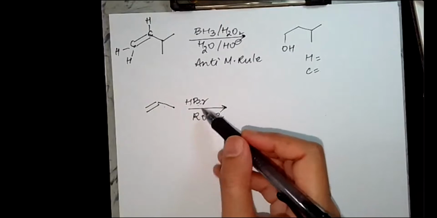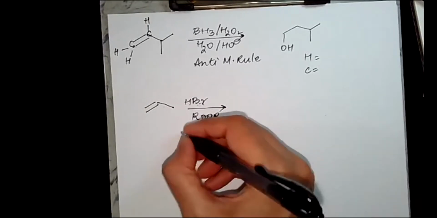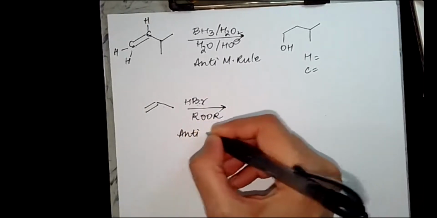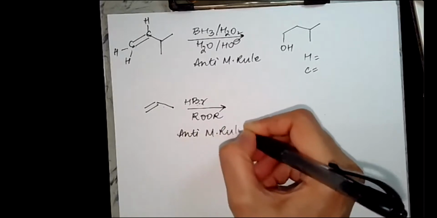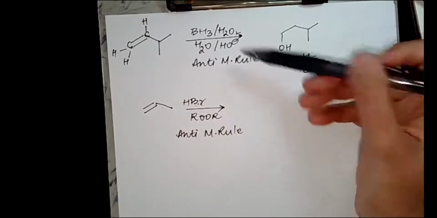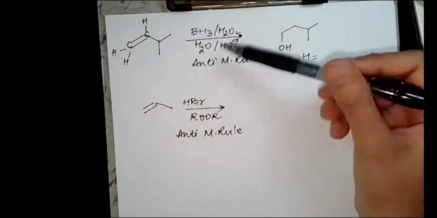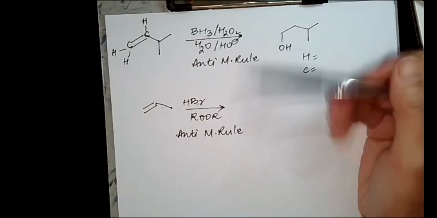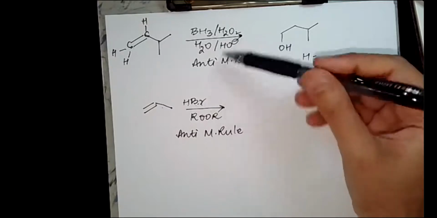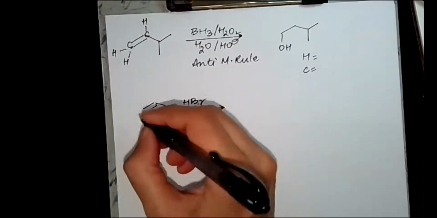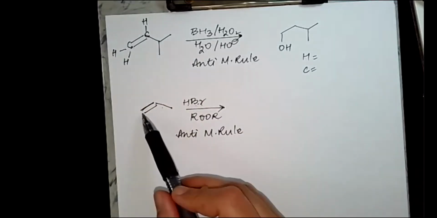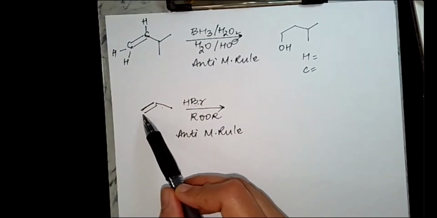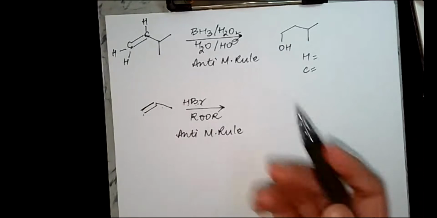But now you are going to see another anti-Markovnikov's rule. And for your course, these are the only 2 anti-Markovnikov rule generating reagents that will add something on the less substituted carbon.